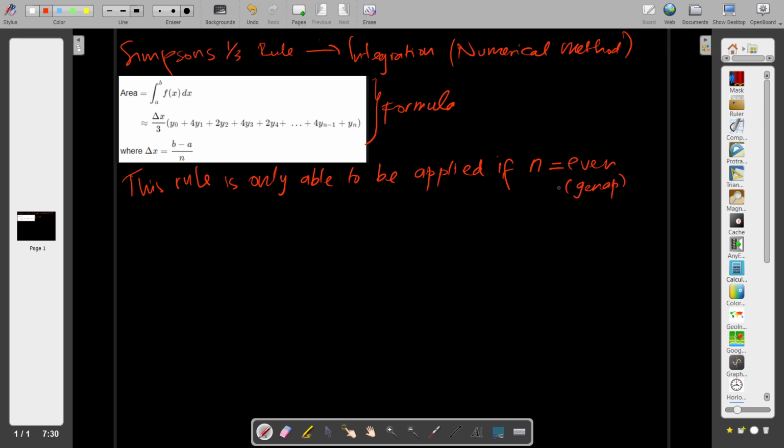So when n is even, this rule can be used. But if n is odd, or ganjil, then it cannot be used.